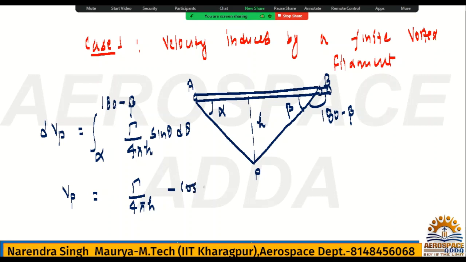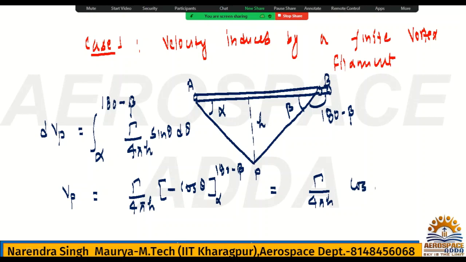It is nothing but minus cos theta, with limits alpha to 180 minus beta. If you solve, you may get circulation upon 4 pi h, yes or no? And here it is cos alpha. You just integrate it and put the limits, so you will get the further calculation.